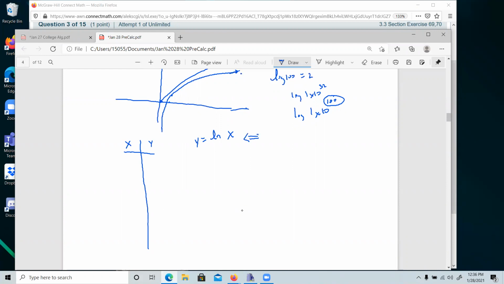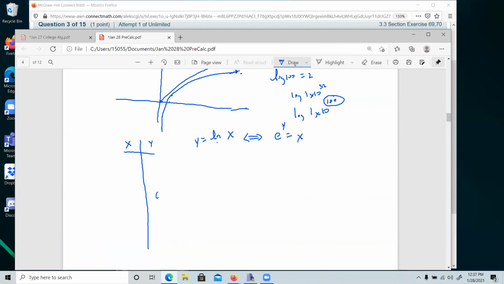This is our equivalent exponential form, e to the y is equal to x. So if I plug in y equals 0, what are we getting for our x? 1.